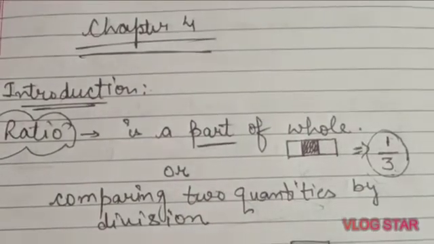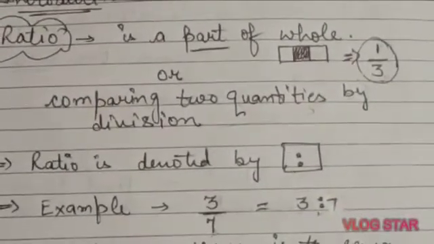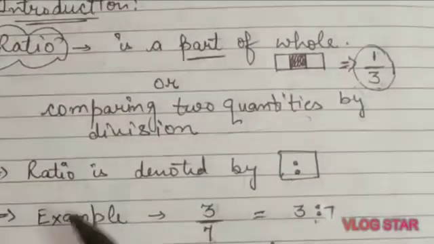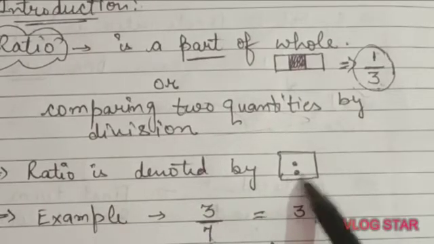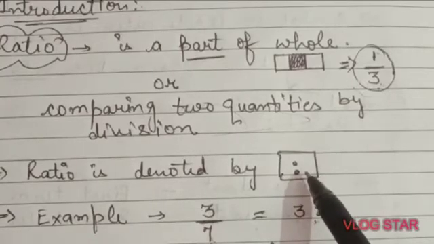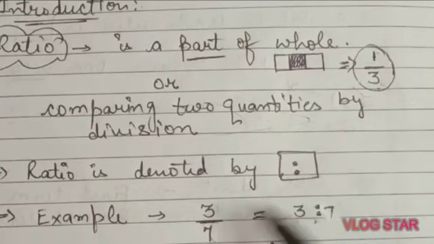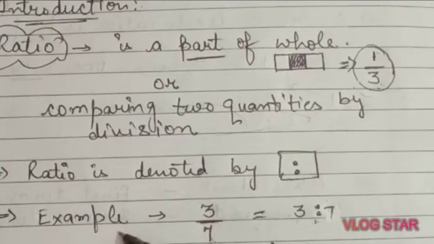So next we have: ratio is denoted by the symbol of 2 dots. These two dots are used as a symbol of ratio, you can say. Fine. Now let us see an example.